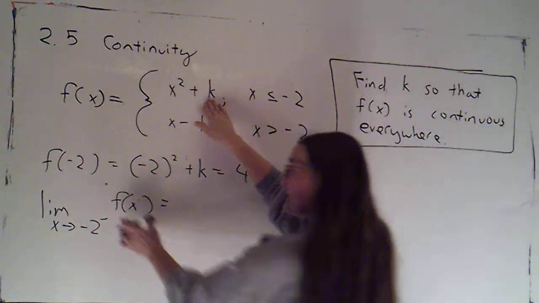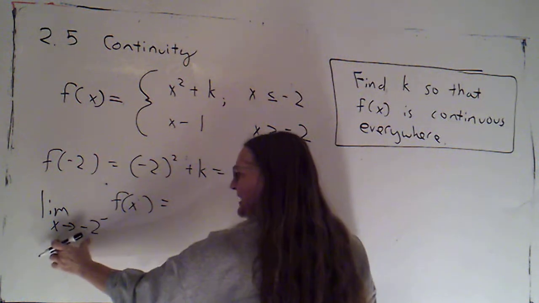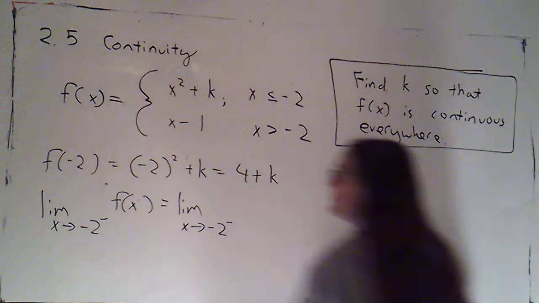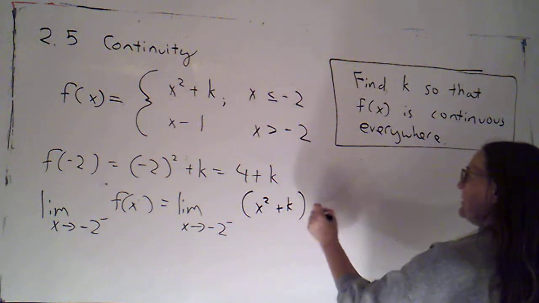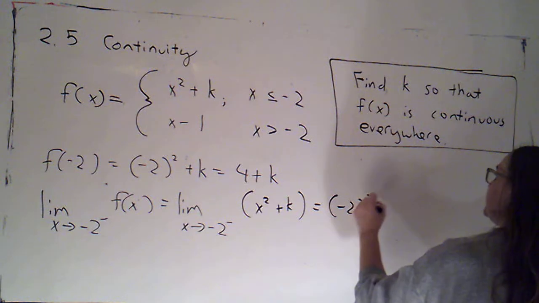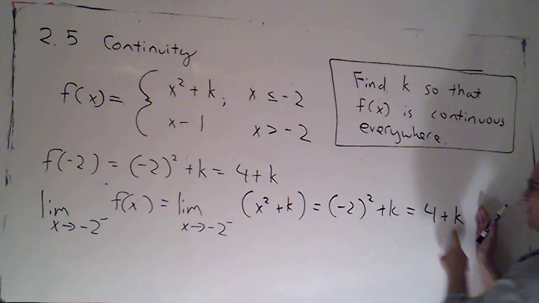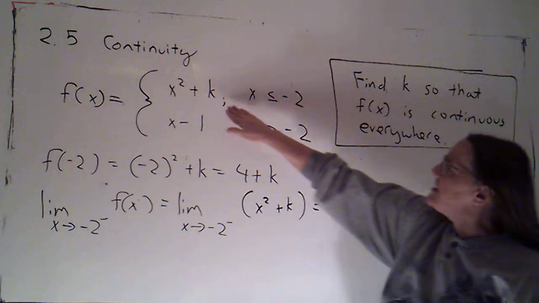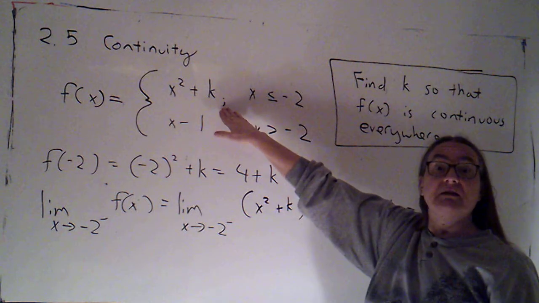So although I can't always replace f with x squared plus k, if I'm coming at negative 2 from the left, I can. So this is the limit as x approaches negative 2 from the left of x squared plus k, which I would evaluate by simply plugging in negative 2. So that's negative 2 squared plus k. That's 4 plus k. Now I sort of get for free that these are equal to each other because I was using the same rule to evaluate the function value and the limit from the left.